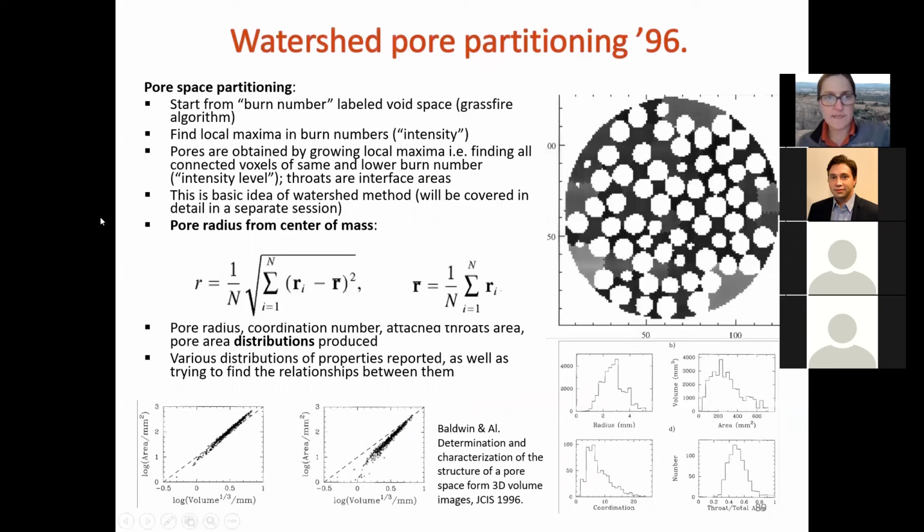Watershed algorithms basically partition, and they can partition either pore space or solid space. In pore space, I will get a pore-throat network. In solid space, I will get individual grains, and we're going to try those out in ImageJ as part of this exercise. We'll do the exercises in MATLAB next time.